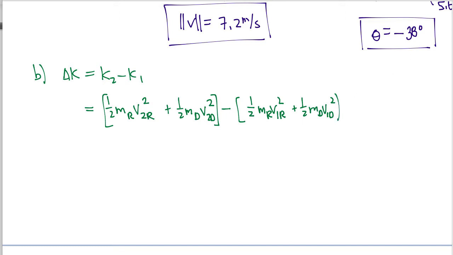So we'll say this term is 0 because Daniel has no initial speed, and we'll substitute in all of our values. So I have 1/2 45 kilograms times Rebecca's final speed of 8 meters per second squared, plus 1/2 times Daniel's mass, 65, times his final speed, which we just found to be 7.2.